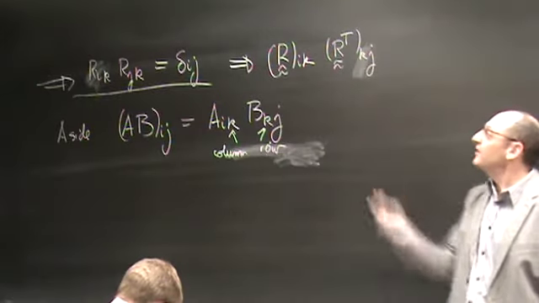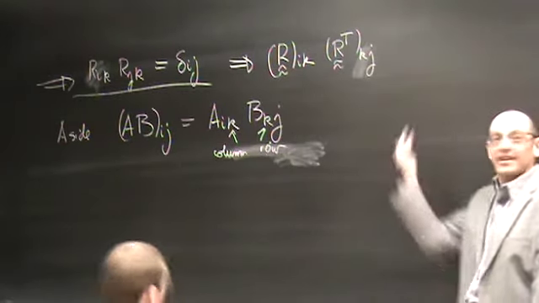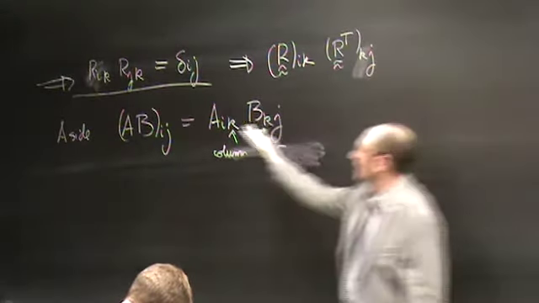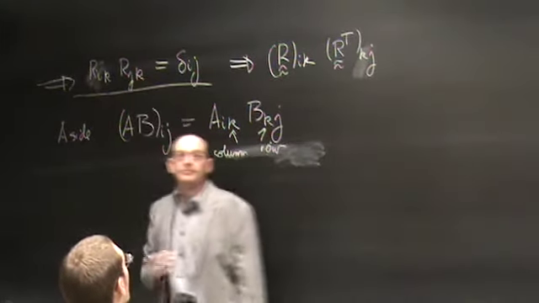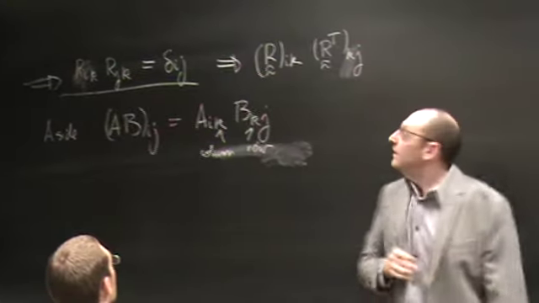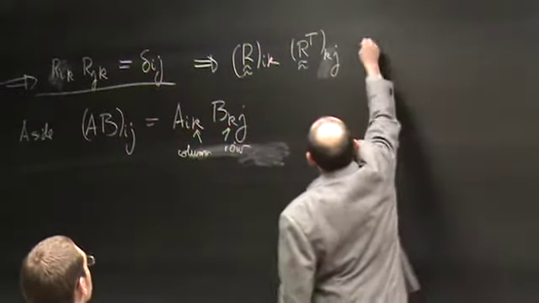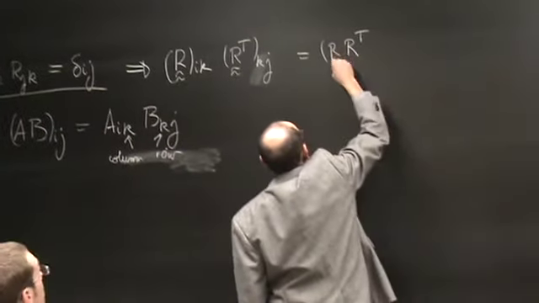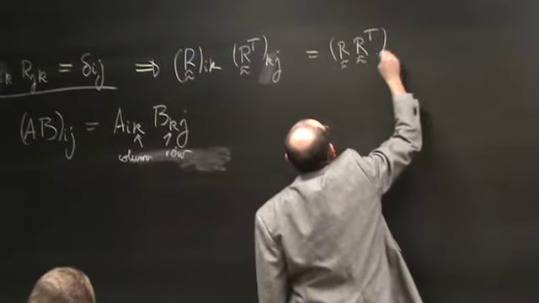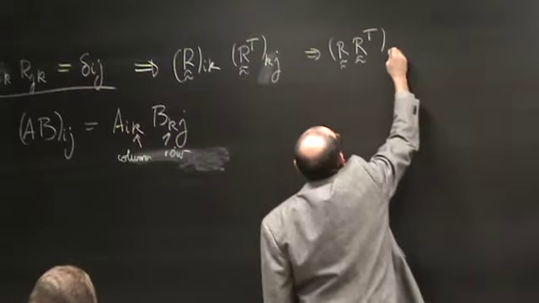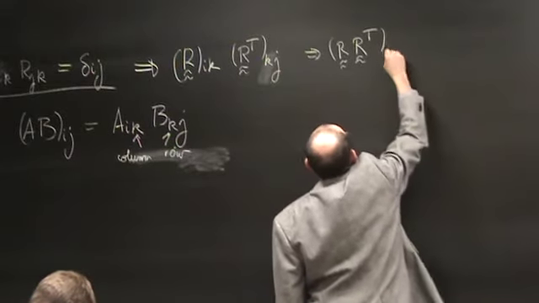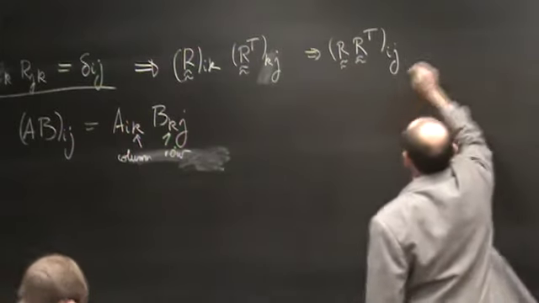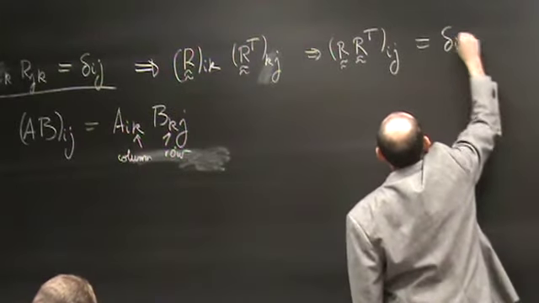When you take the transpose, you switch the row and the column, which means switching these two indices. So this is equal to R times R transpose, ij. When we sum over K, that's taking matrix multiplication, and that equals delta ij.